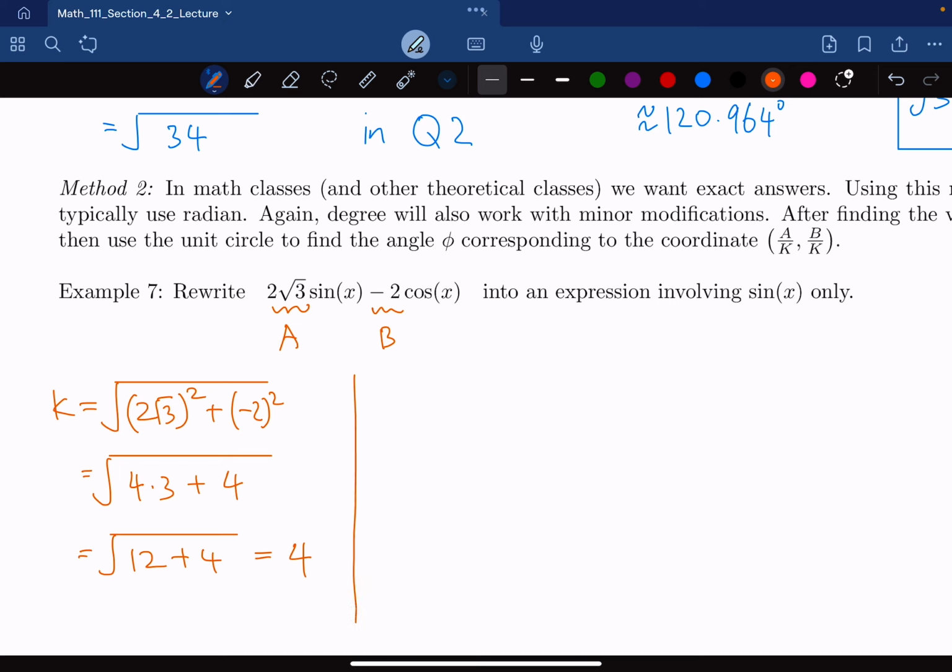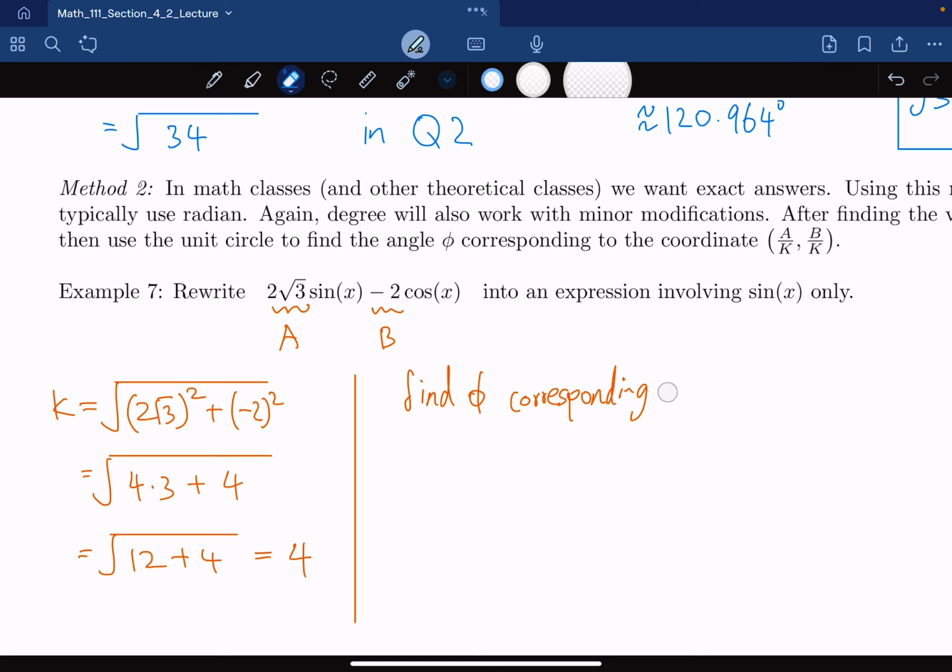But once this is done, the next step is simpler compared to the previous method, because all we have to do is find phi that is corresponding to the coordinate a over k comma b over k, which in this case is going to be 2 radical 3 over 4 comma negative 2 over 4.